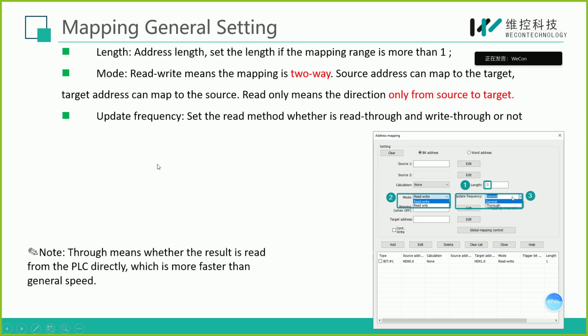The next option is update frequency. Frequency determines how fast the mapping result will be displayed in the target address. And we note that pass-through means whether the result is read from the PLC directly, which is faster than the general speed.